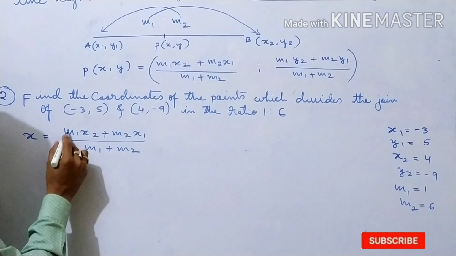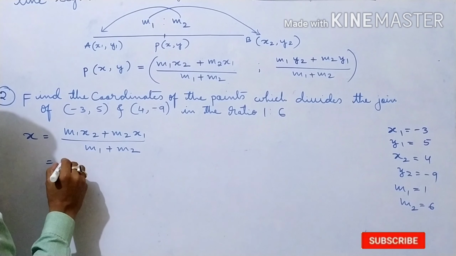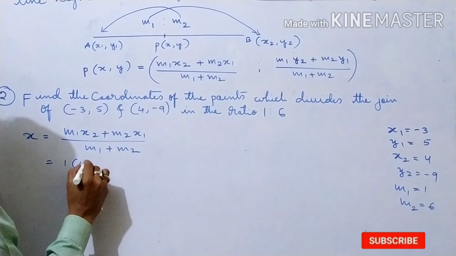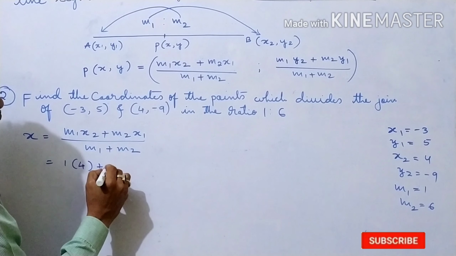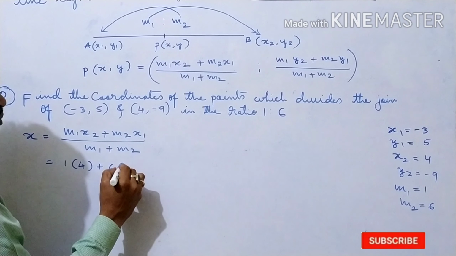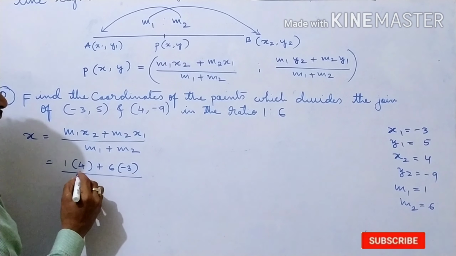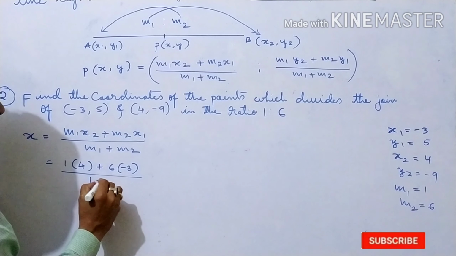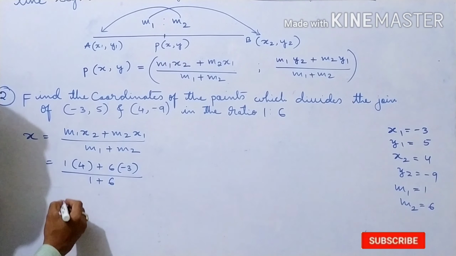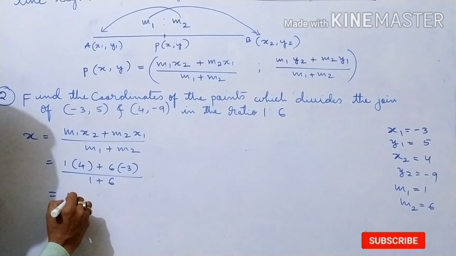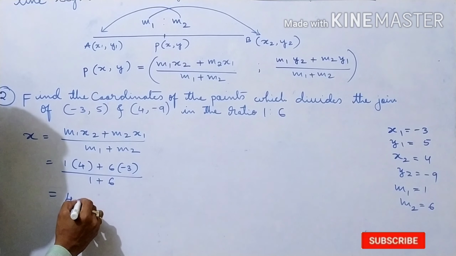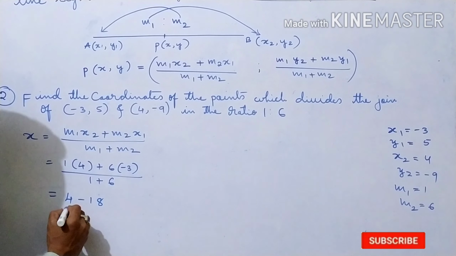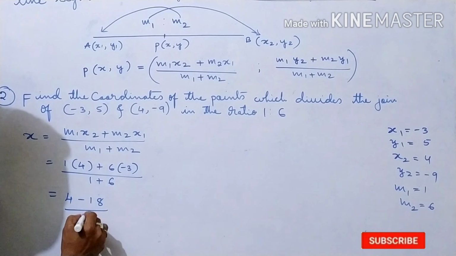Okay, now m1, what is there? 1. x2, what is x2? 4, plus m2 is 6, x1 is -3, whole divided by m1 plus m2. What is m1 given? 1. What is m2? 6. Now multiply 1 into 4 is 4, plus 6 threes are 18 with minus sign, divided by 1 plus 6, 7.